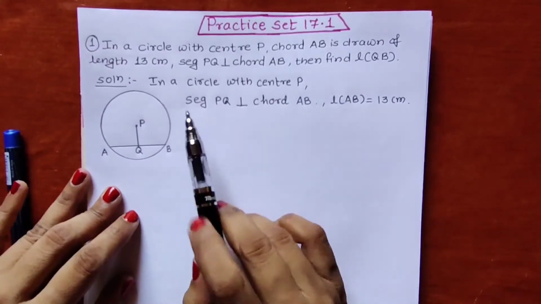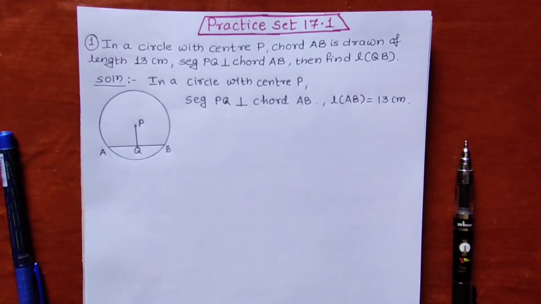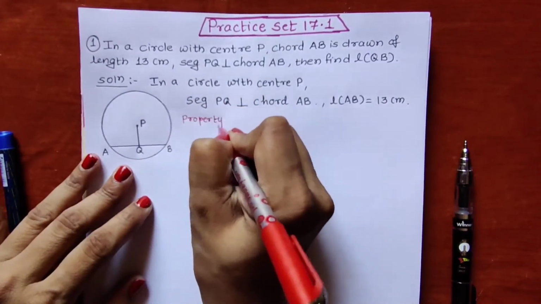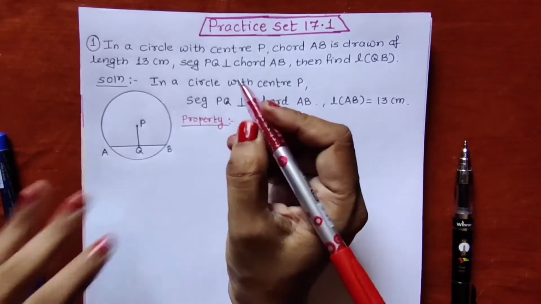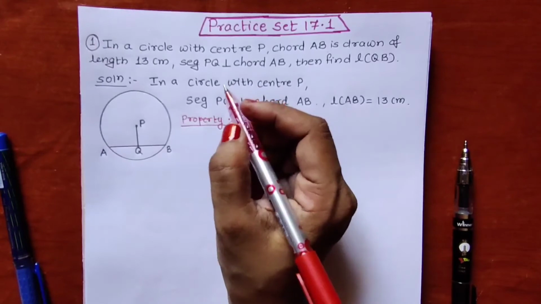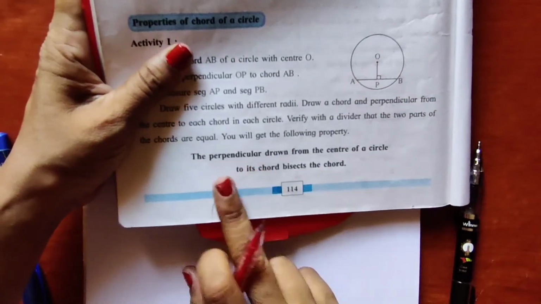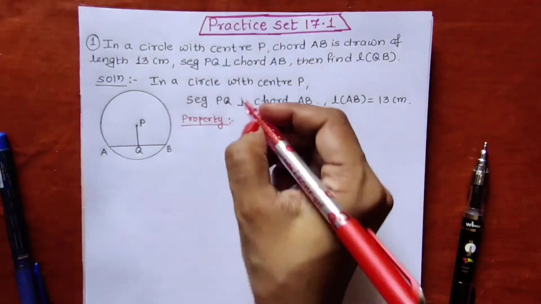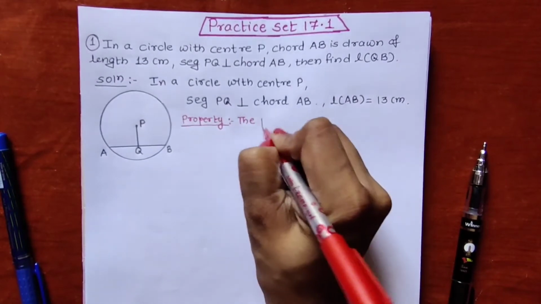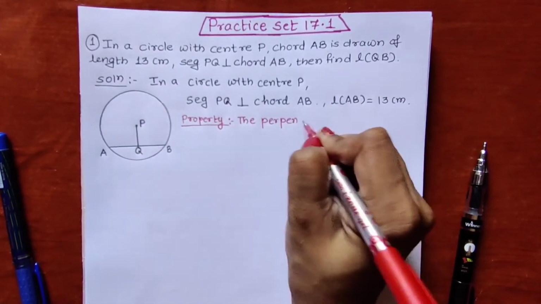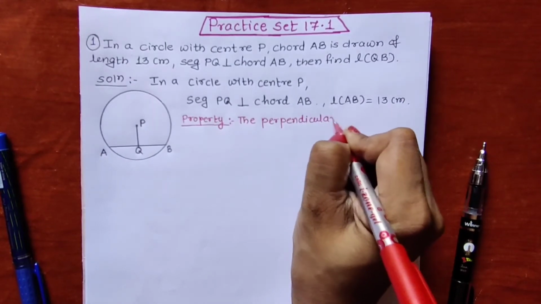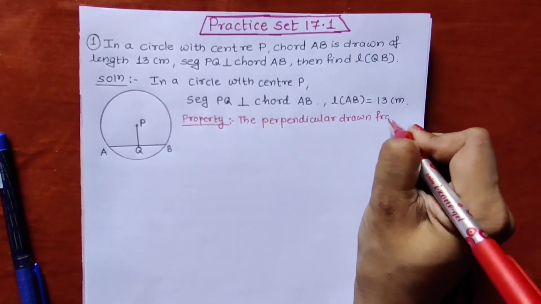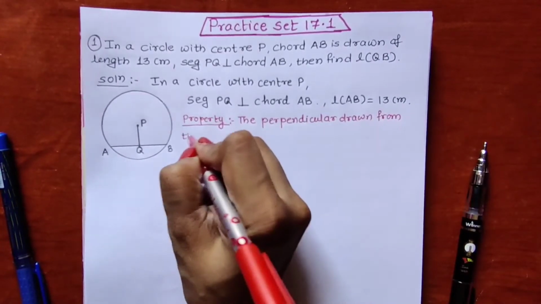Now we will be writing the property. We will write the full statement, which we have seen just now: the perpendicular drawn from the center of a circle to its chord bisects the chord.